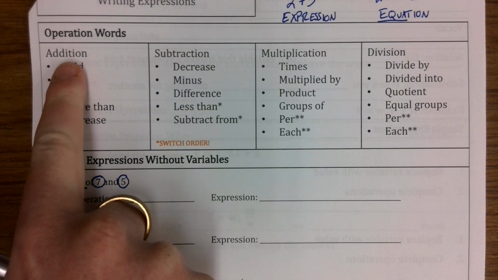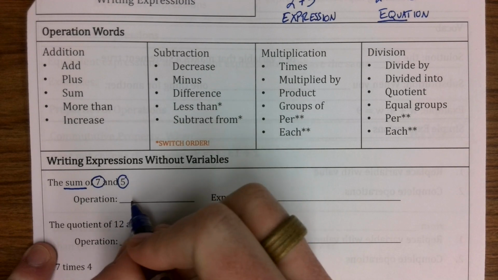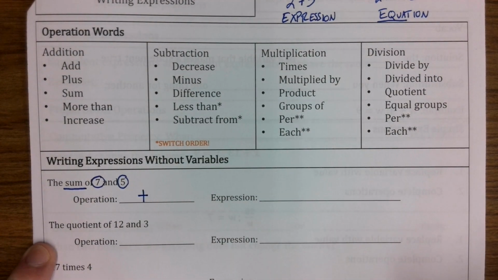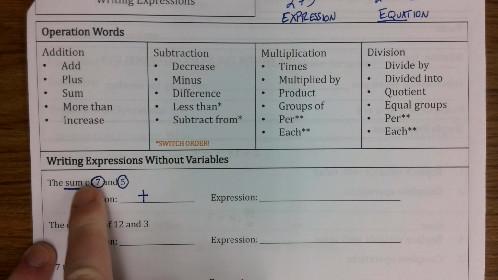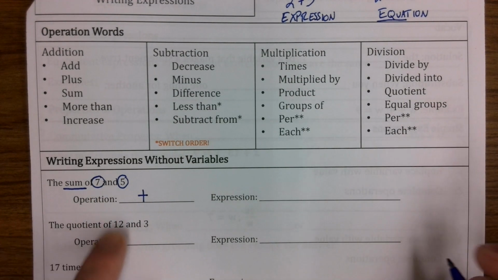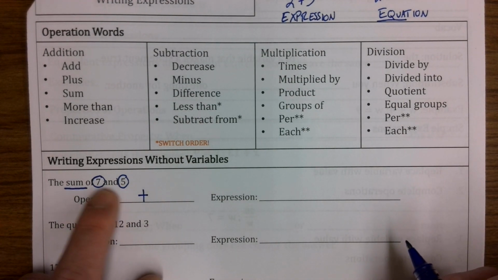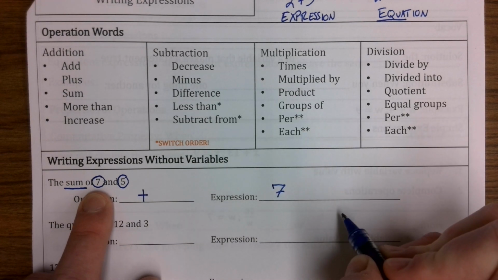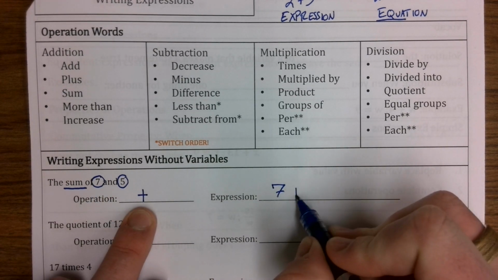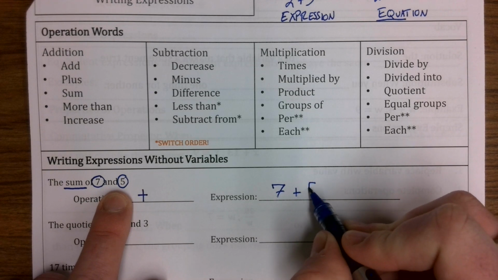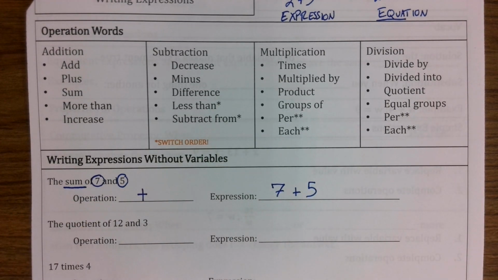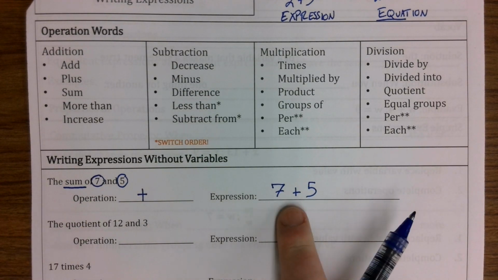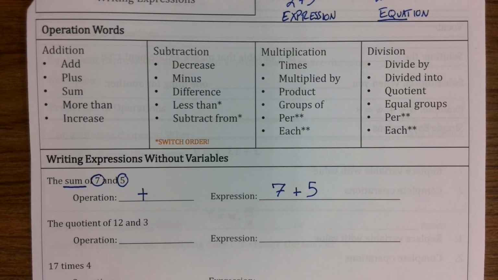Sum tells me I'm adding. So I'm going to put a plus sign right here. The sum of 7 and 5 means that I'm going to put this in the same order. My first number is 7, my operation is plus, and my second number is 5. That's it. There's my expression, 7 plus 5. We're not solving it. All we're doing is writing it.